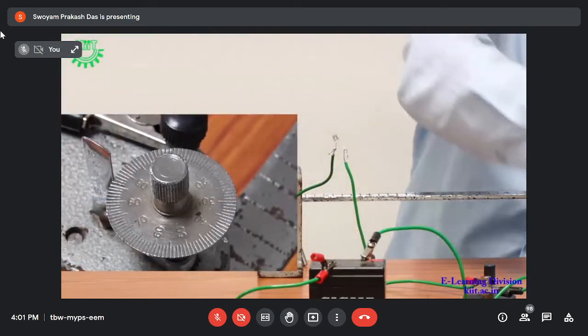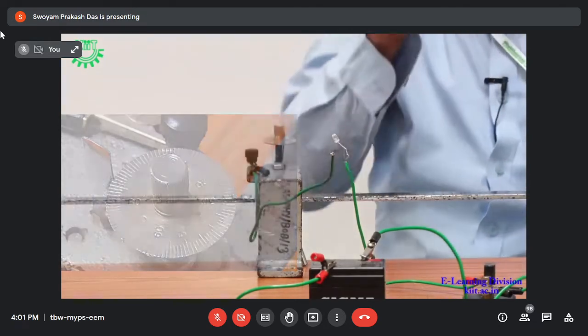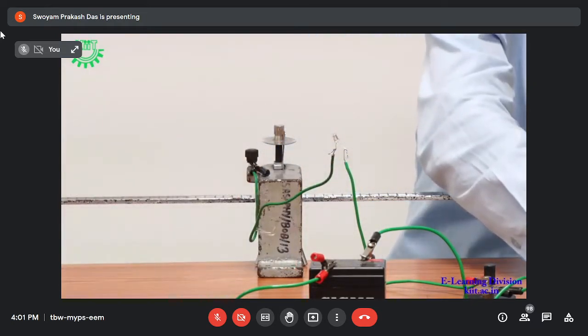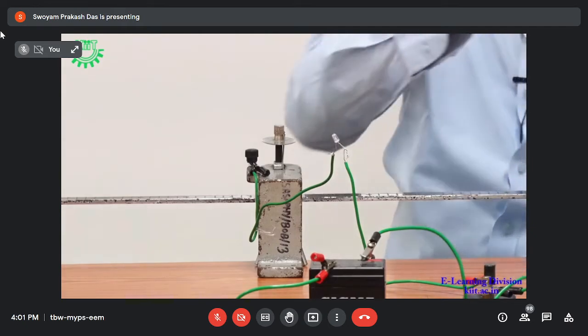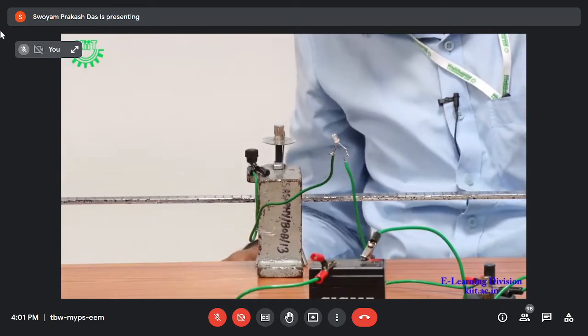Carefully you have to find. 87 is the final reading for 500 gram and without any rotation. And this 87 becomes the initial reading for dead load 0. So this is the last load, that is the long hanger which is to be withdrawn.